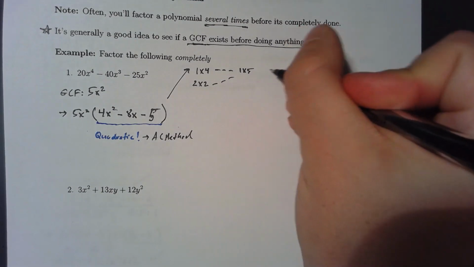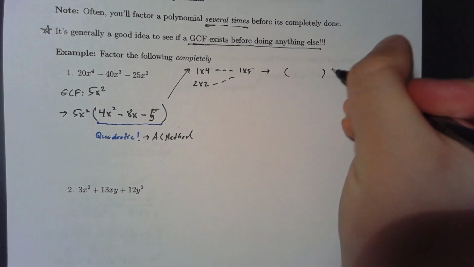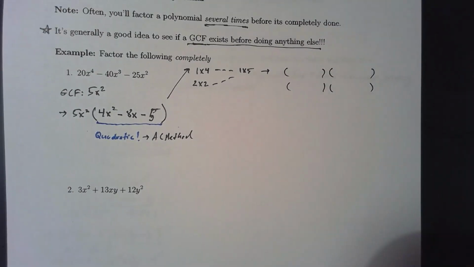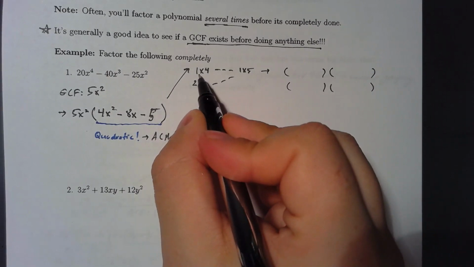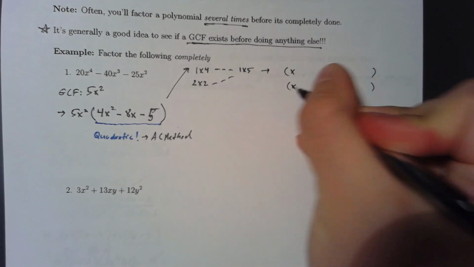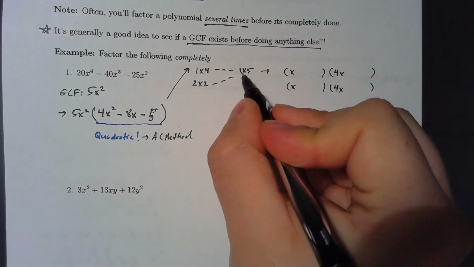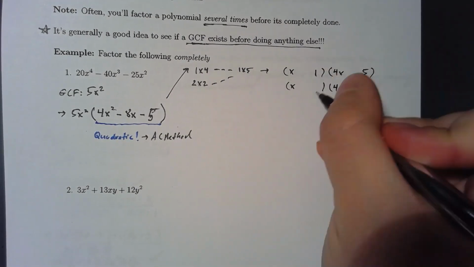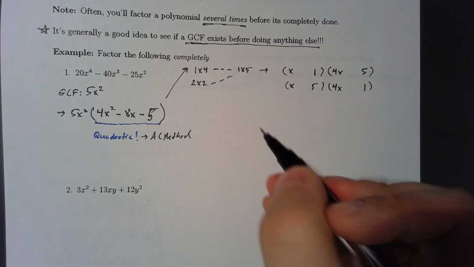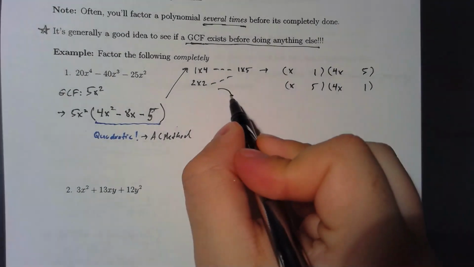My first pair is going to be x and 4x, 1 and 5, 5 and 1.